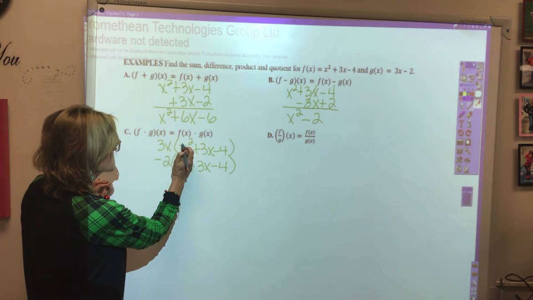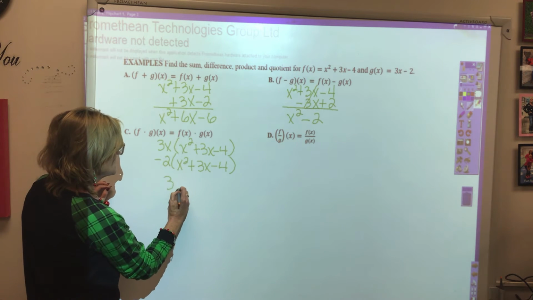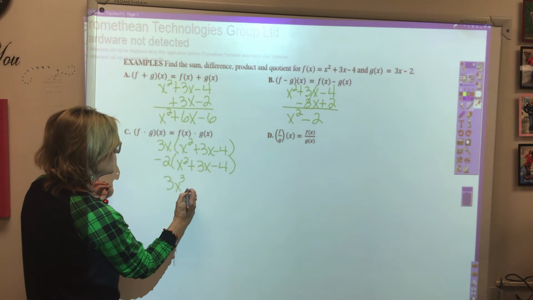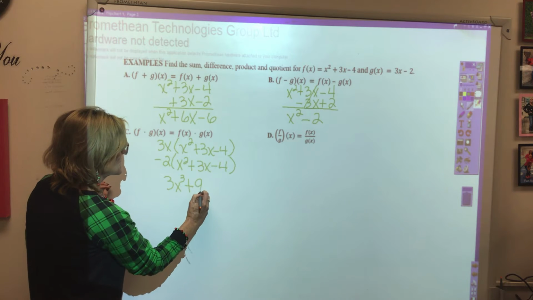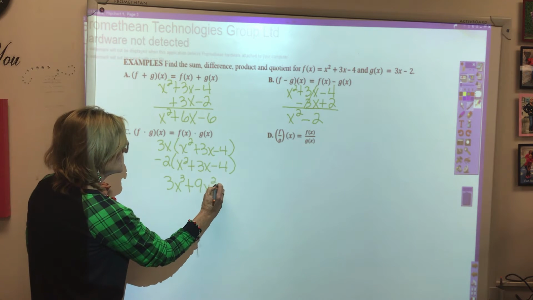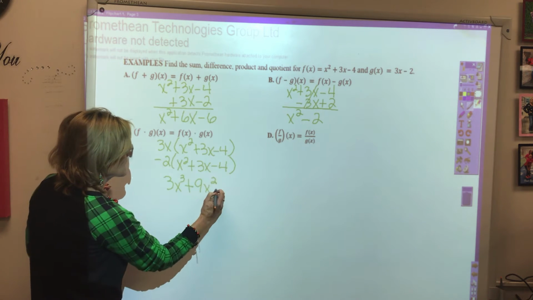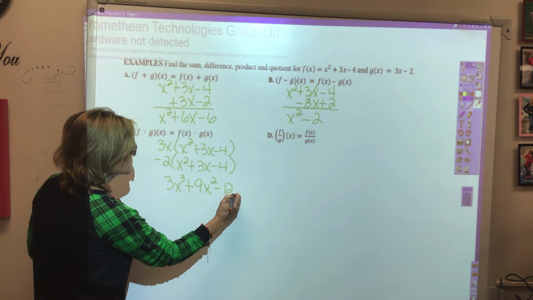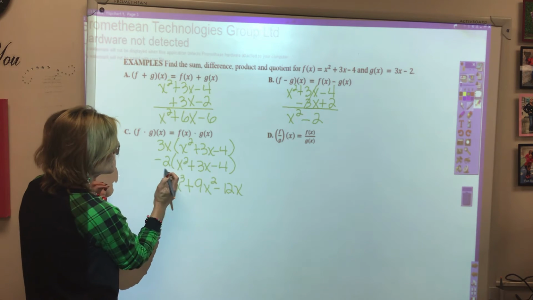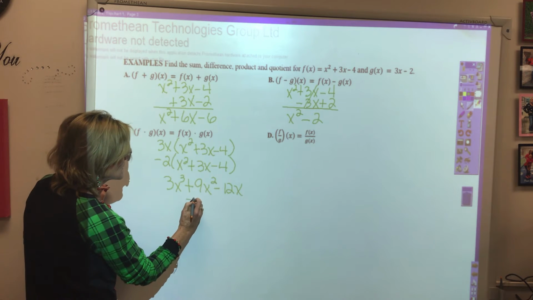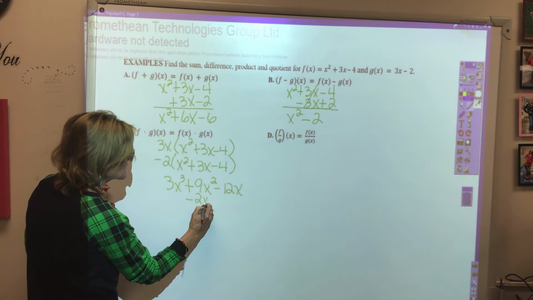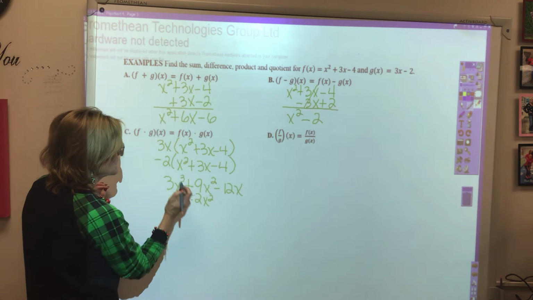So I'm going to have 3x to the third, and then plus 9x squared, and then I'm going to multiply again. I'm going to have minus 12x, and I'm going to go down to the second line, and I'm going to have negative 2x squared. Notice I line it up underneath the 9x squared.